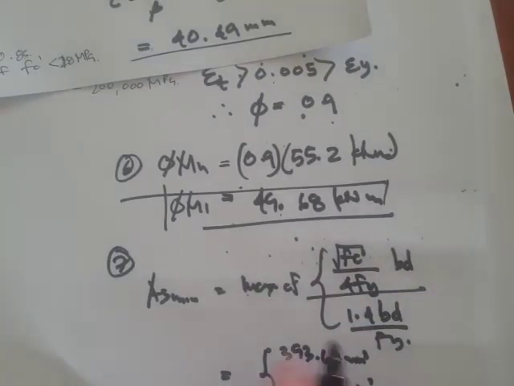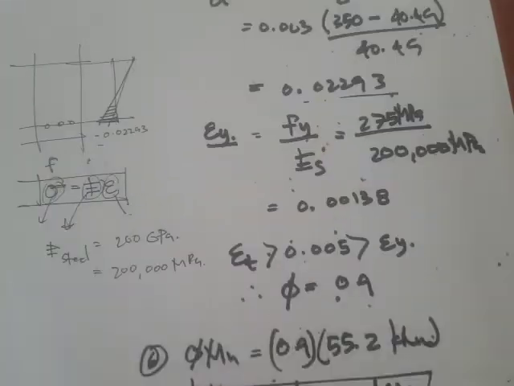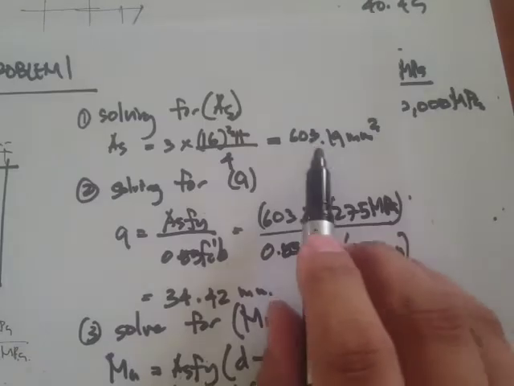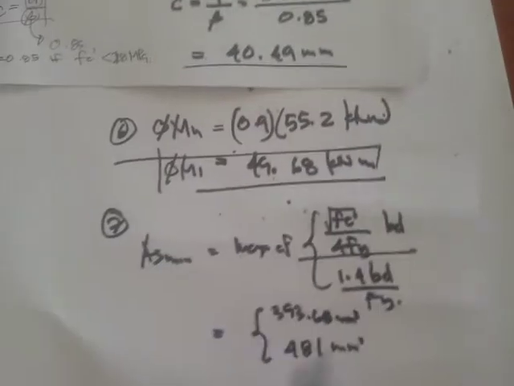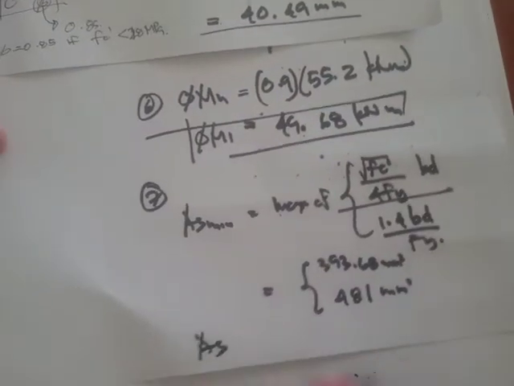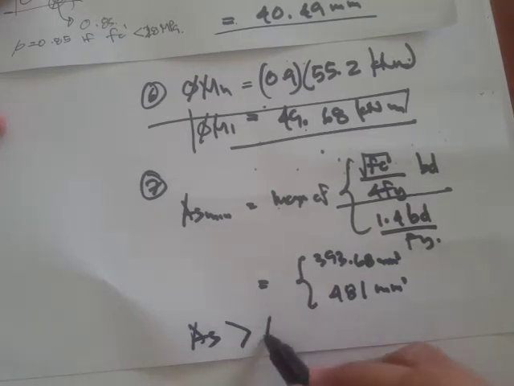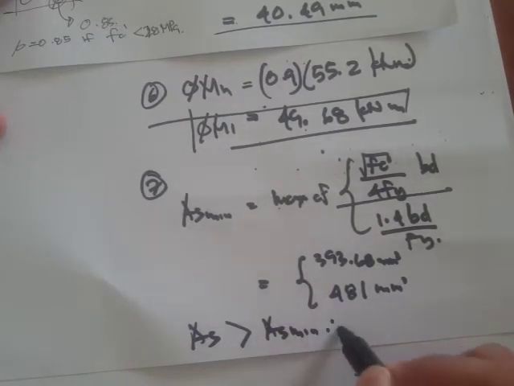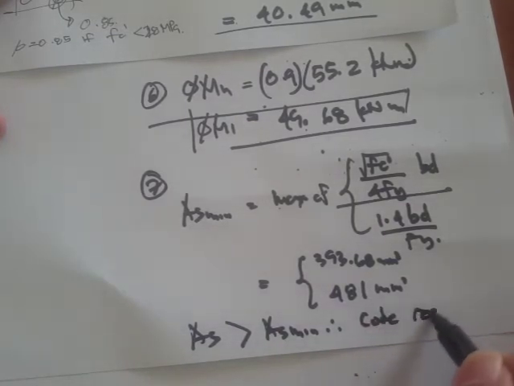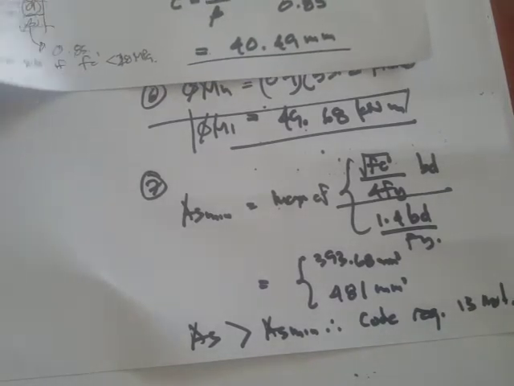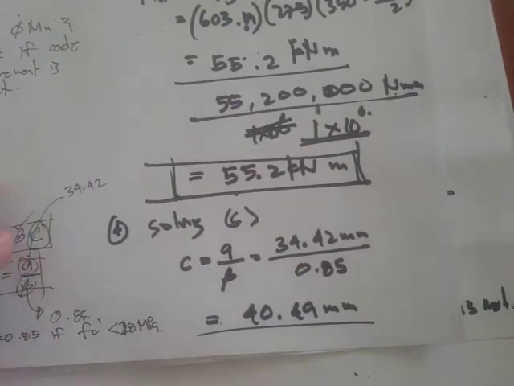Our As min, if you recall, we have 603.19 mm squared, which means that our As is greater than our As min. Therefore, the code requirement is met. Okay, so just a brief review on what we did in sample problem 1.